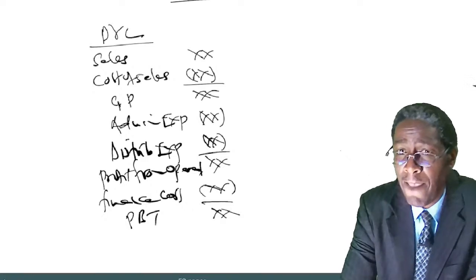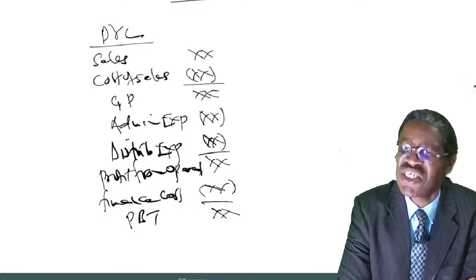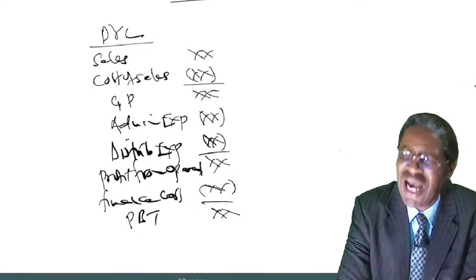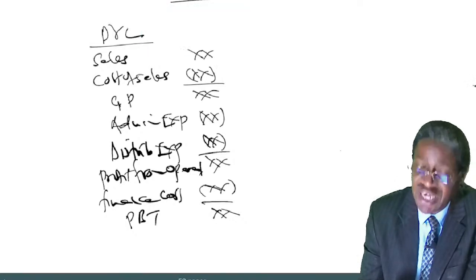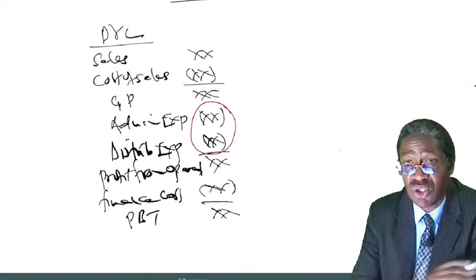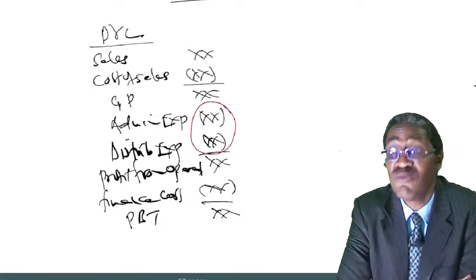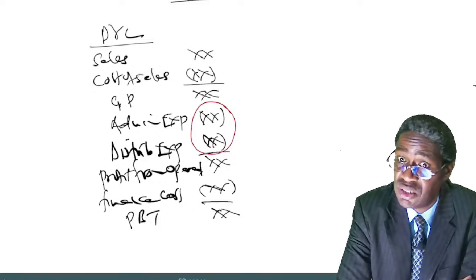Now listen, we are looking for cash paid for services rendered. What are these services? The services are the expenses. In this case, we have two categories of expenses: the admin expenses and the distribution expenses.